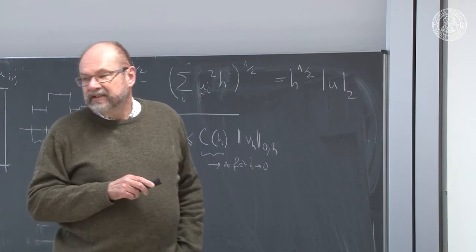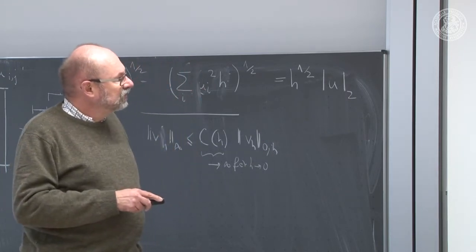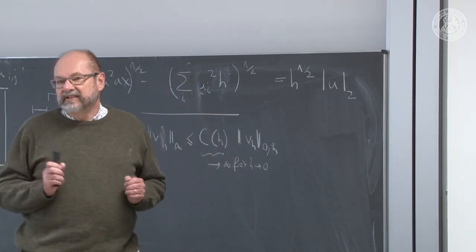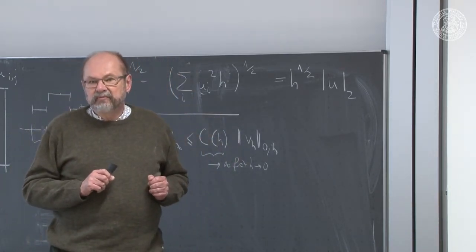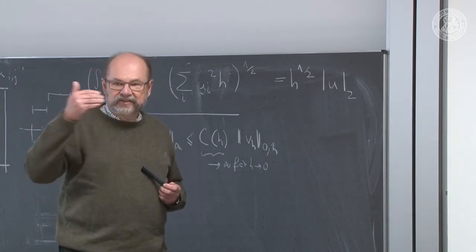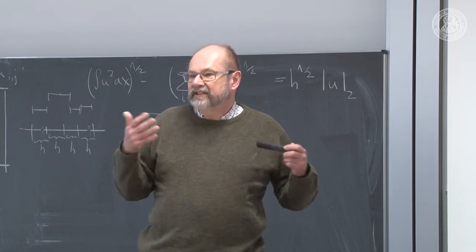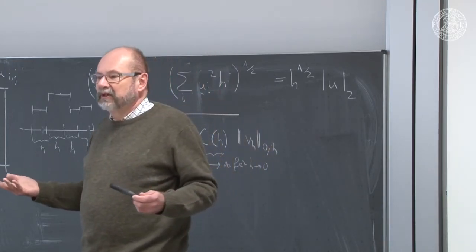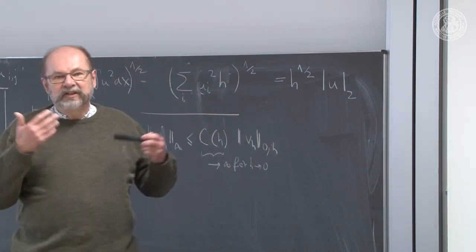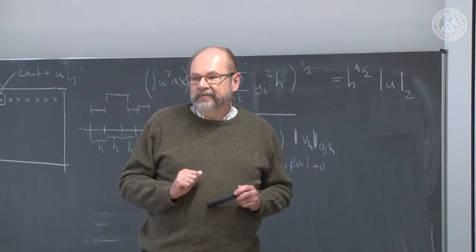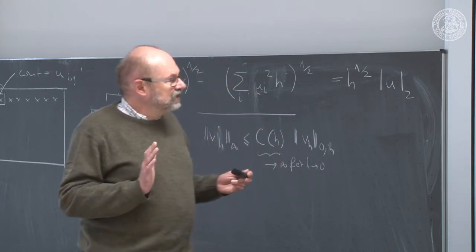This is a very good property, and we will give it a name: the consistency of the method. That means that in going from the continuous to the discrete problem, what we have done really has something to do with the continuous problem, in the sense that it gets better and better the smaller h becomes.